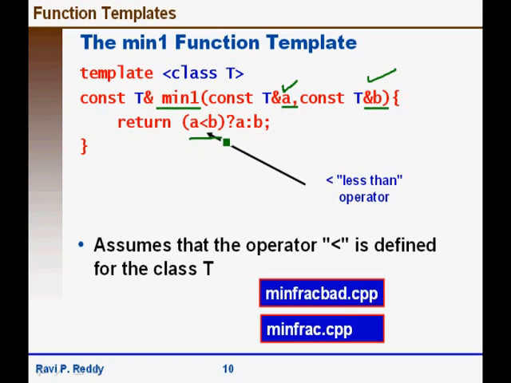That means this operation of less than should be defined for the class to which a and b belong. That means if a and b belong to a class T, this operation must be defined for the class. If it is not defined, the program will not compile. Now let's look at an actual programming example to see how it works.